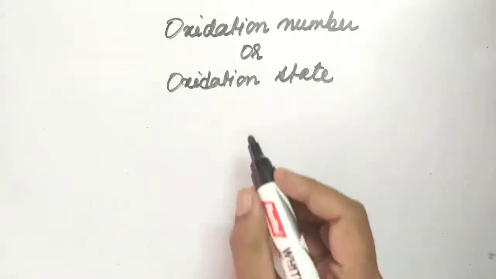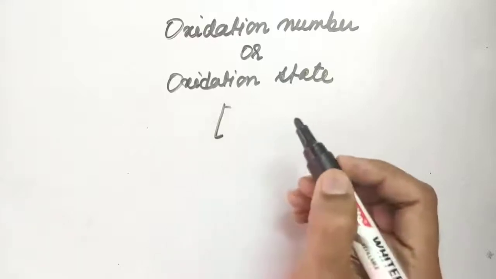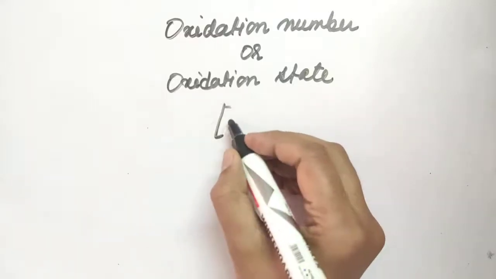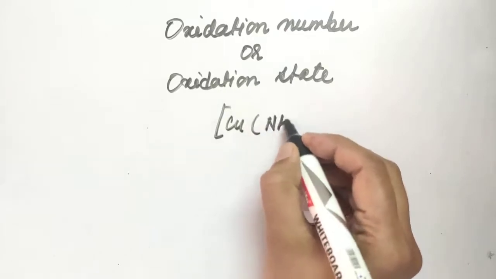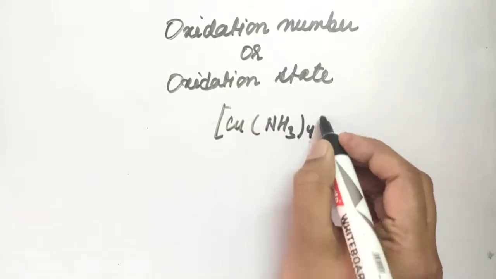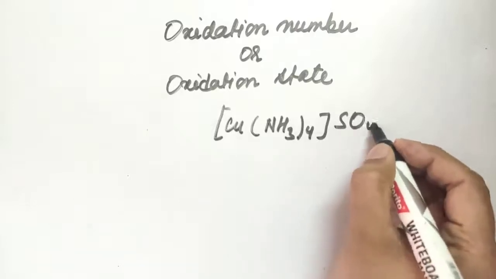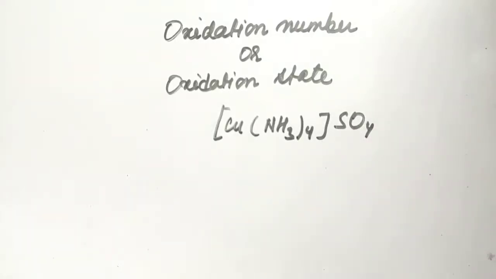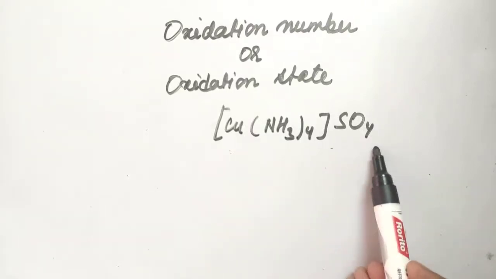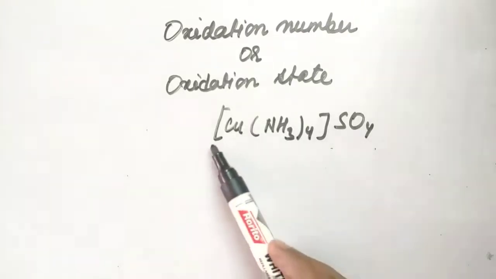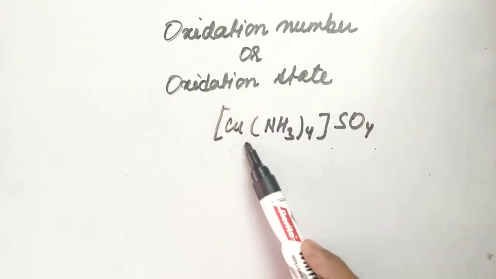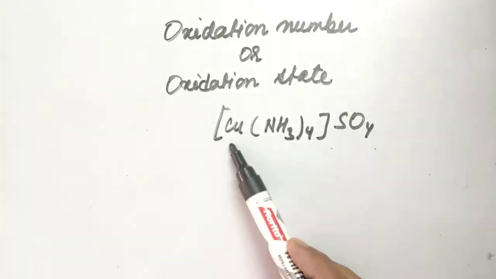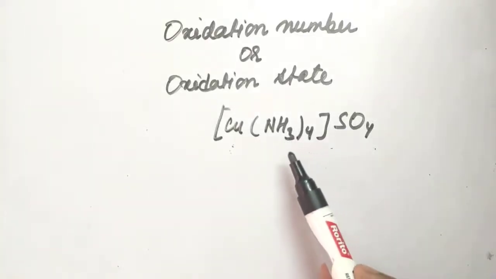What does it mean? Suppose I take a complex, Cu(NH3)4 SO4. Here copper is the central metal atom and SO4 is the counter ion, and the ammonia molecules are the species coordinated to the copper central metal atom with a coordinate bond.